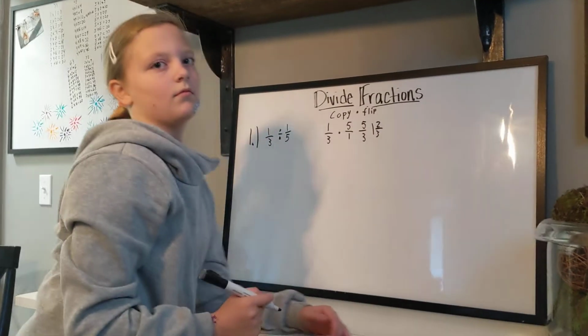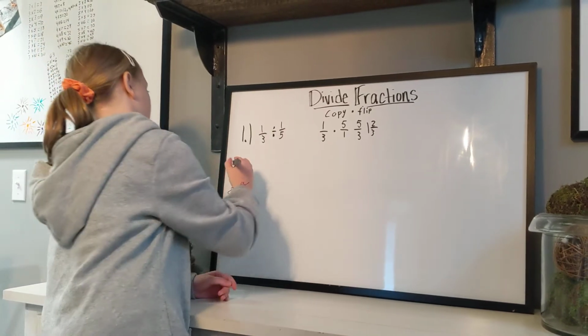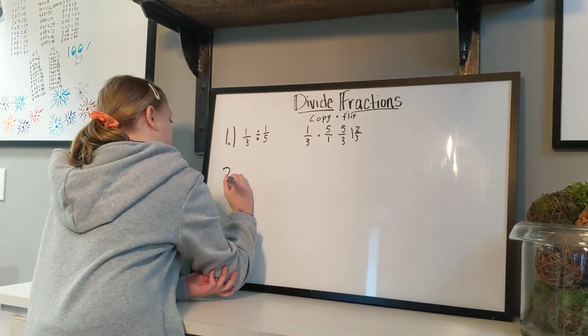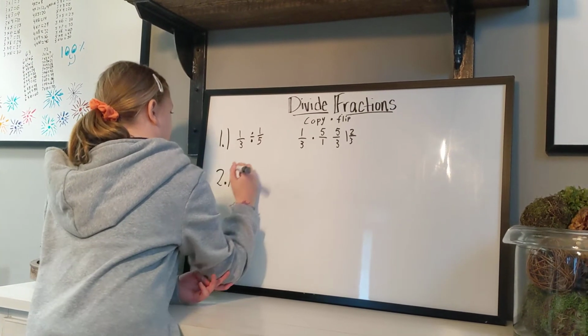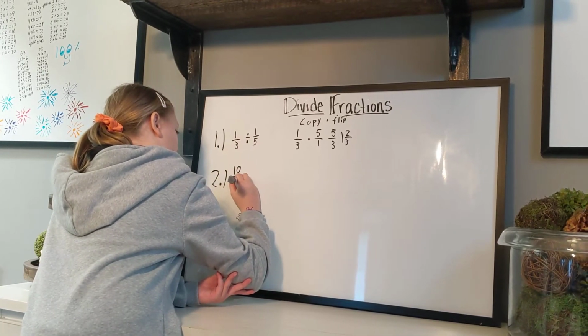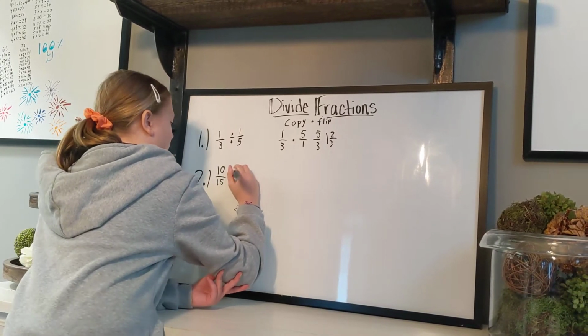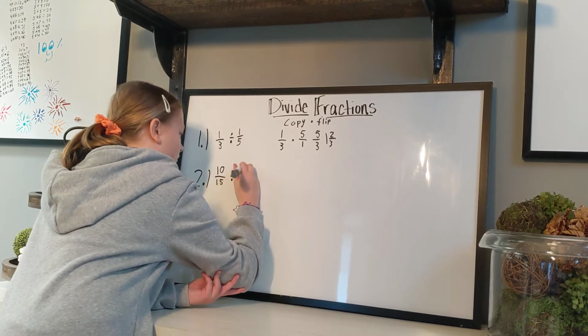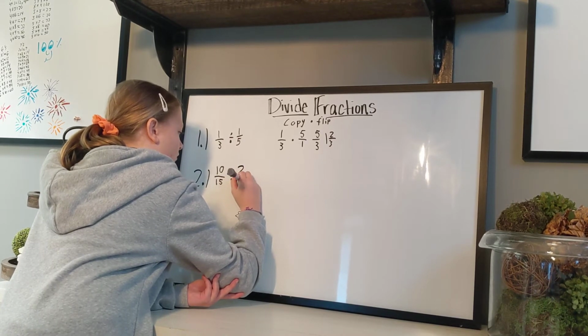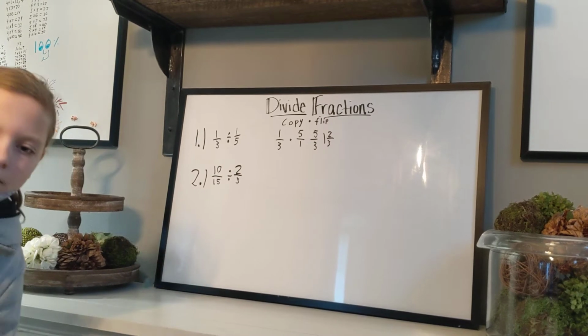All right, good. So our next problem is, ready? 10/15 divided by 2/3. We're going to do the same process, copy dot flip.